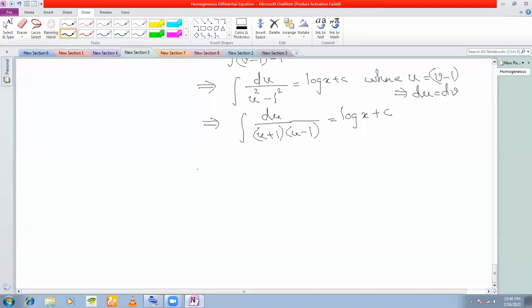Now do you know what to do after this? We are going to split this into partial fractions. Remember partial fractions?